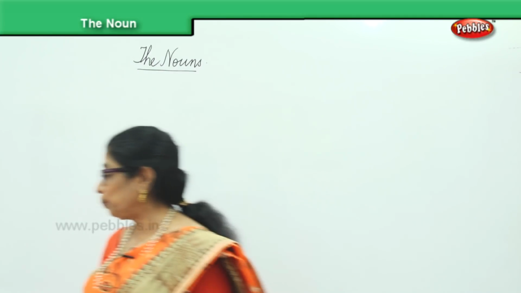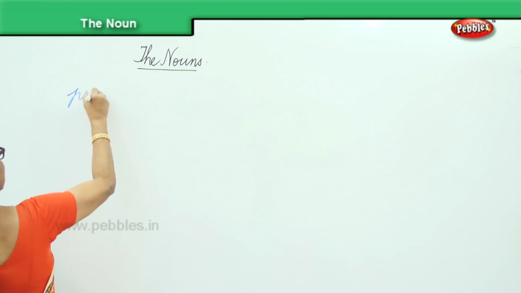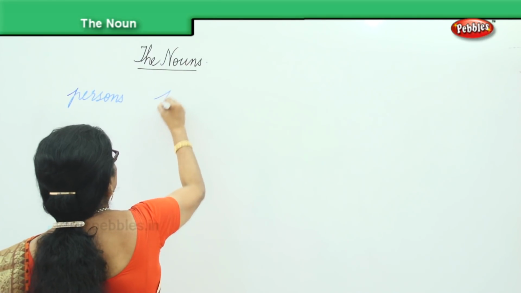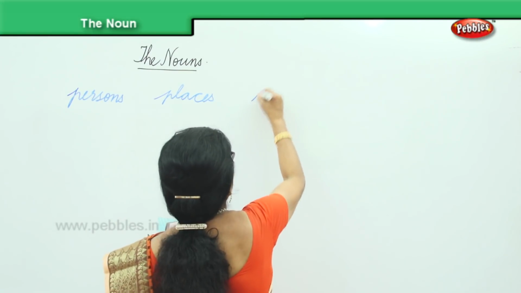Okay? So, names of. Noun is a naming word. Now, names of persons, places, things.